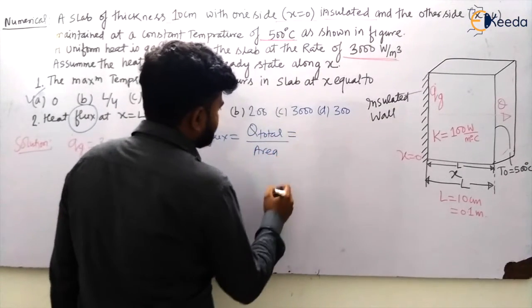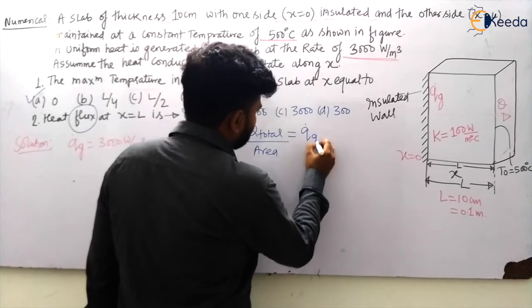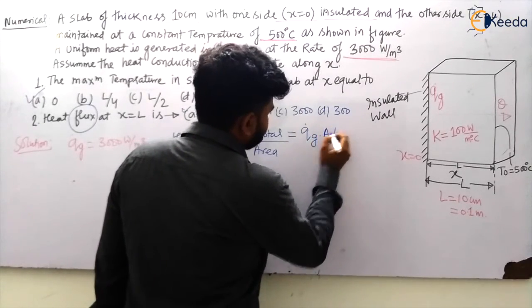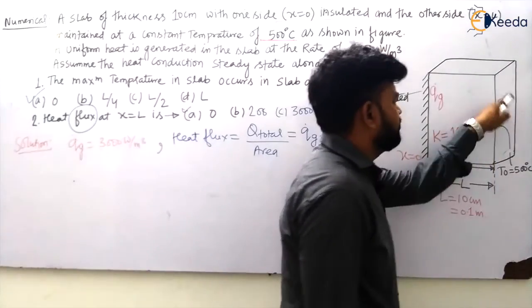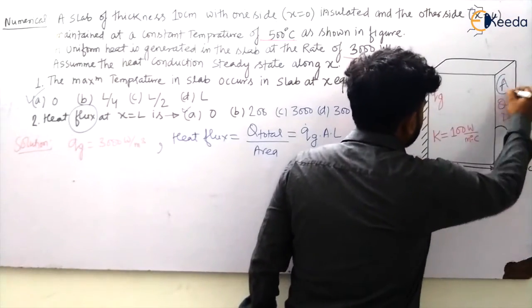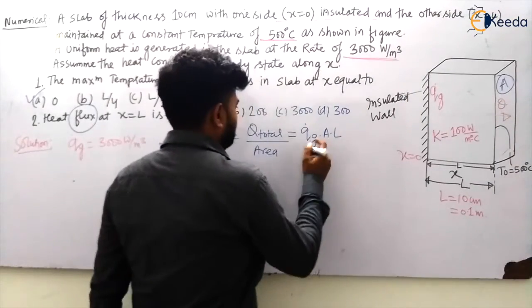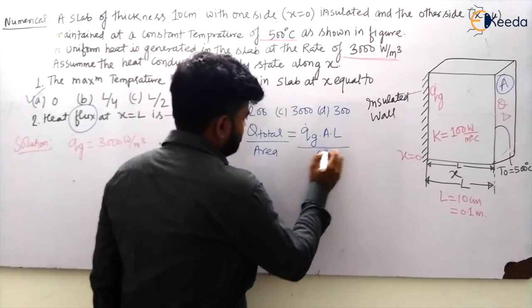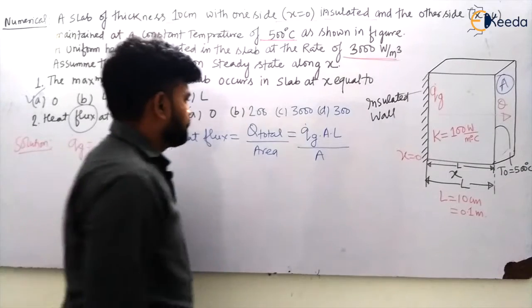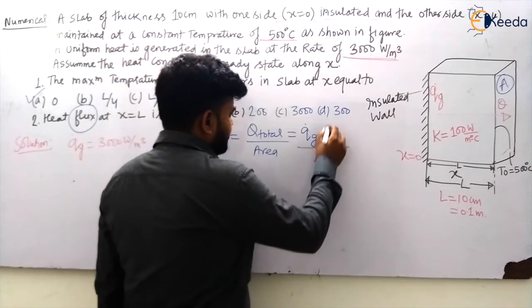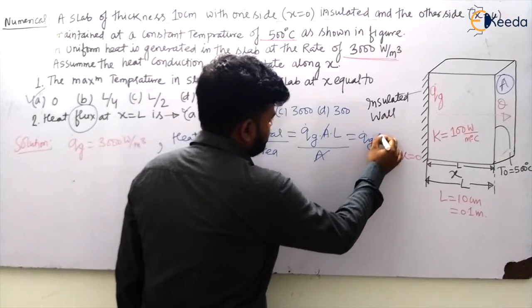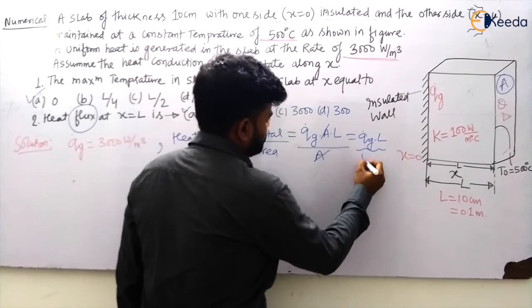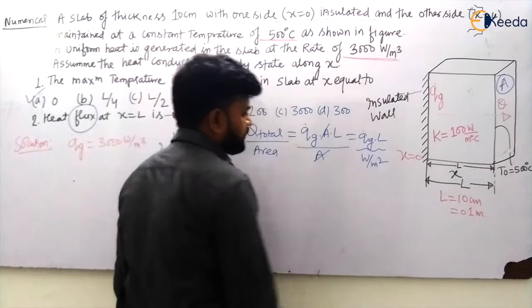What is the total heat generated? That will be Qg into A into L. The total heat will be generated in this length L, which has area A. So when I divide by area, Qg into L will be your heat flux, my dear students, and this will have the unit watt per meter square.